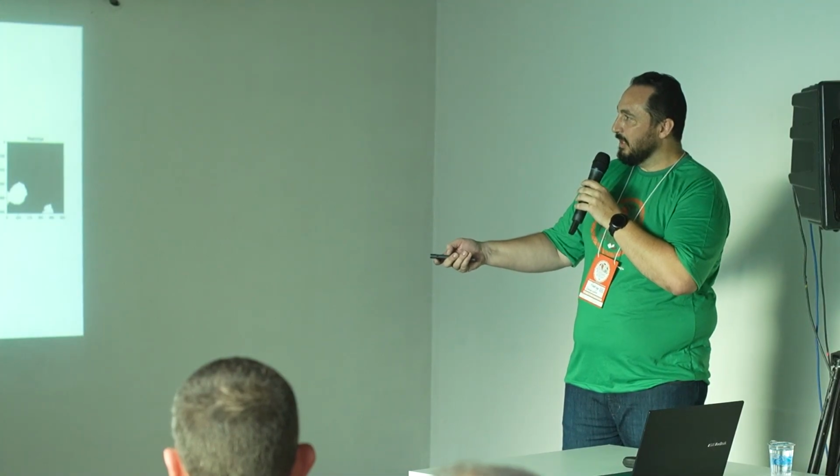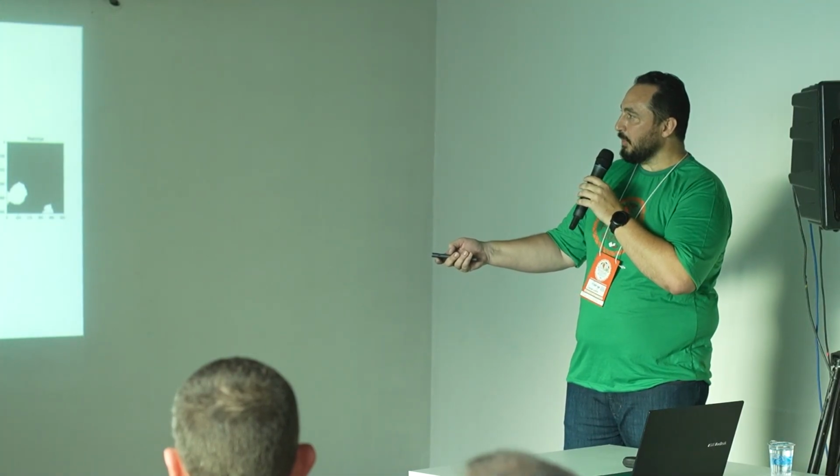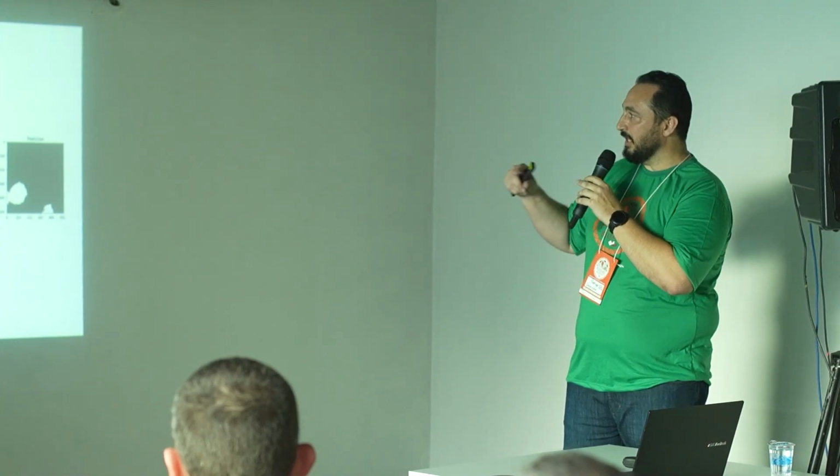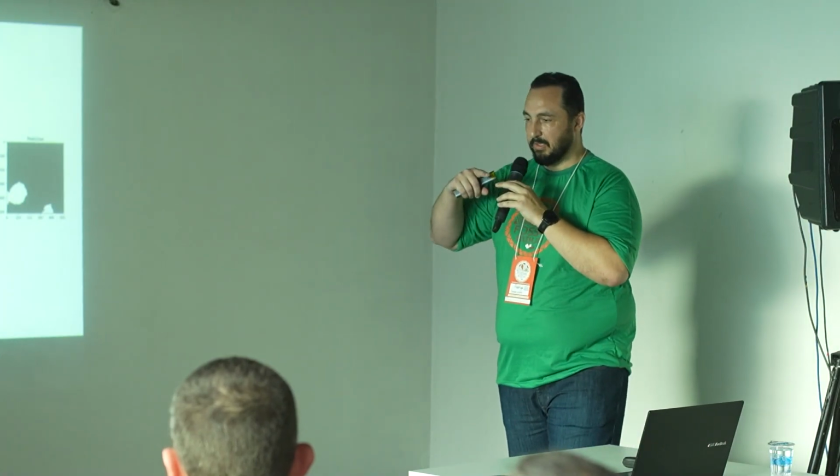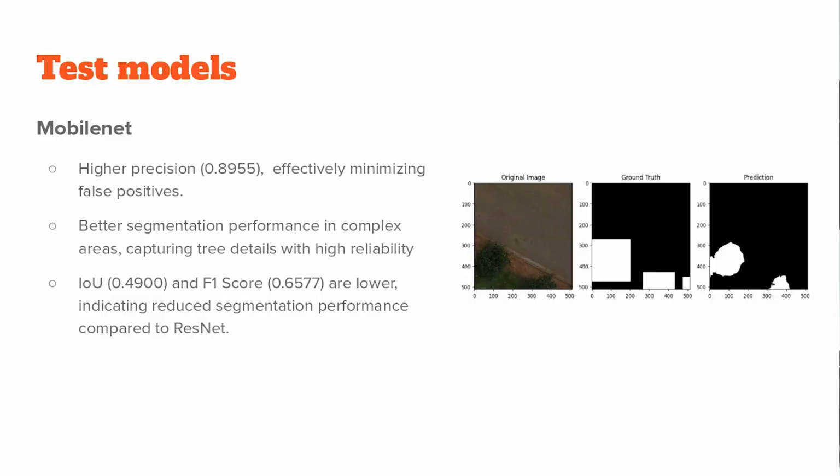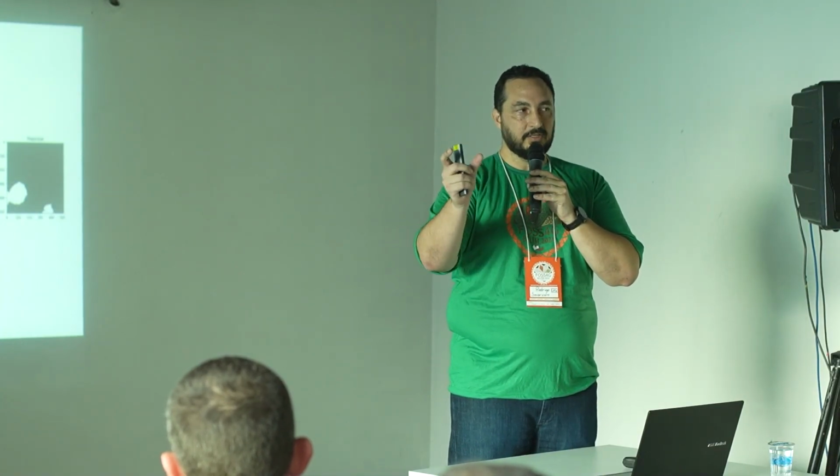Okay, but we tested many thresholds for the model. The threshold is a percentage we give the model so it considers what is a tree and what is not a tree. So we tell it, look, if you get a probability of 20%, 30%, this is the threshold.